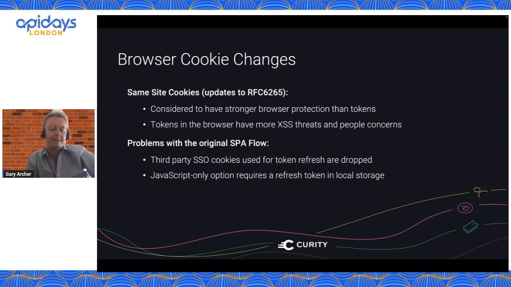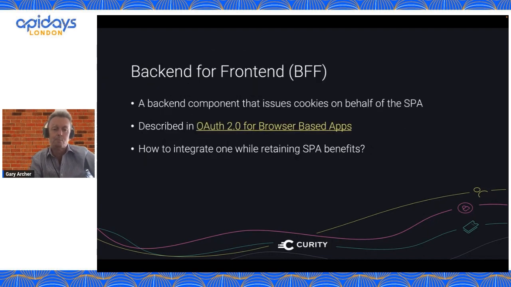And so the only way to get the original SPA flow working reliably in all browsers is to store a longer-lived token, the refresh token, in local storage. And that's really not recommended from a security viewpoint. So essentially these days, rather than using tokens directly in the browser, a different approach is recommended. I'm sure quite a few of you may have heard of this technique. It's called the backend-for-frontend approach.